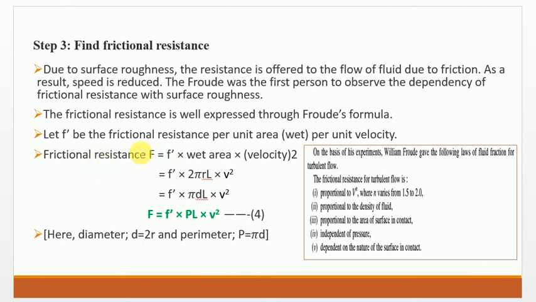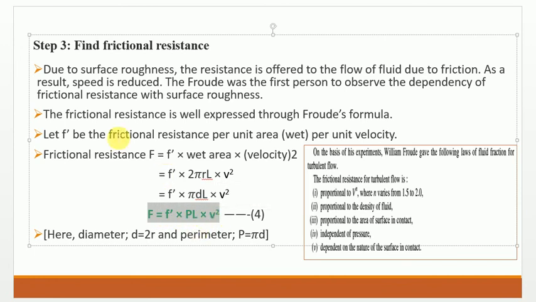To find the total frictional resistance, F dash into wetted area, the perimeter, pi d into L, into V power n; we take the maximum value, so V square. So this pi d is the perimeter of the circle, so take it as P, and L is the length of the pipe. So this will be the frictional force on a pipe.